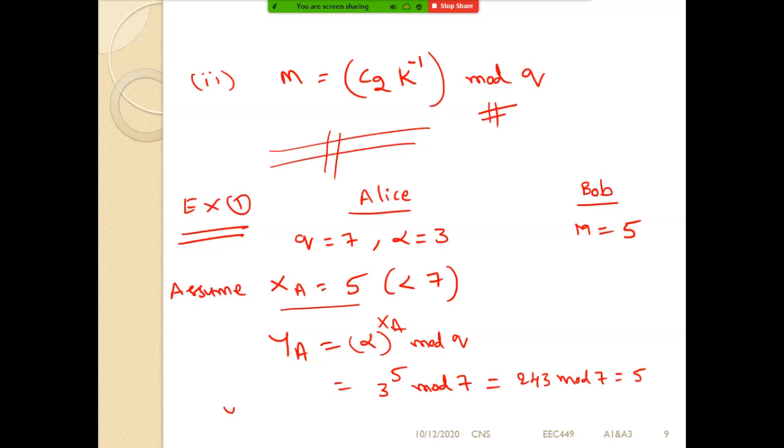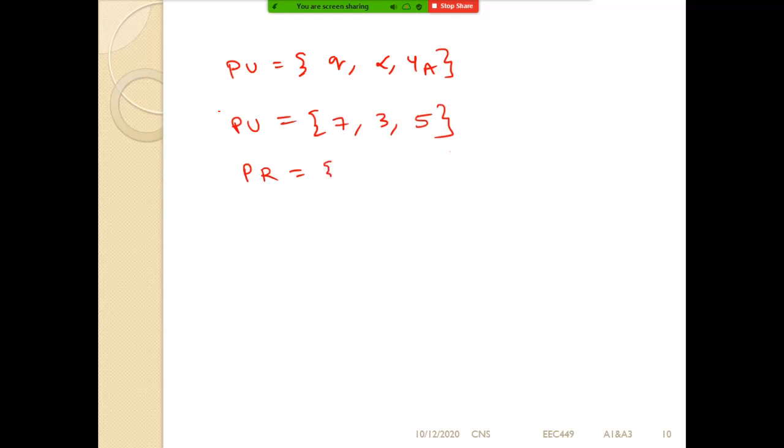So we are getting YA as 5. Now see what is the public key? The public key is q, alpha, YA. So q is 7, alpha is 3, YA is 5. This is the public key, and the private key is XA, which we assumed as 5. This is from Alice.